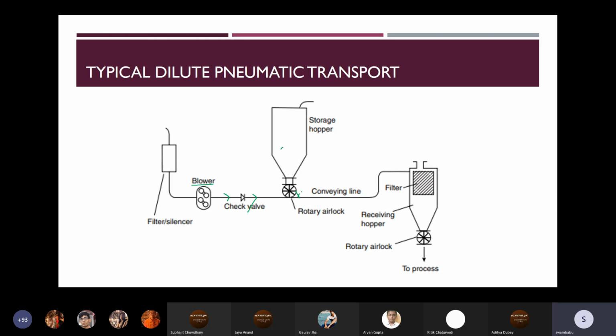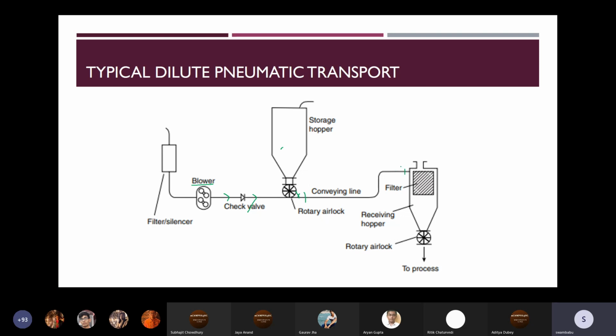I have explained in earlier classes how this rotary valve is used to get a regulated mass flow of the particles. So the blowing gas carries the particles. That's what we have seen so far.